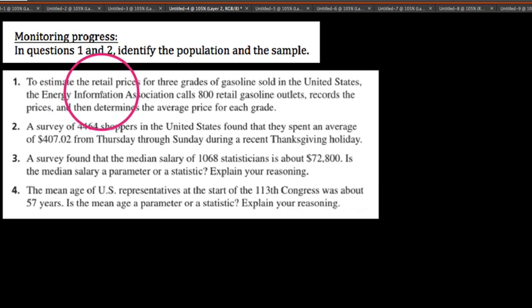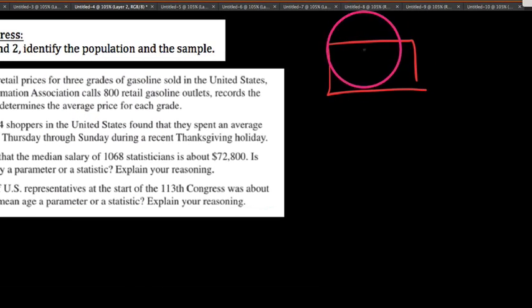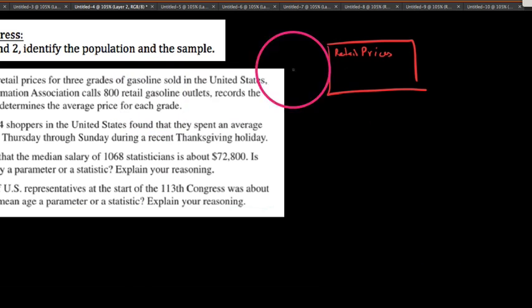But number 1, just reading through this, it says to estimate the retail prices for 3 grades of gas sold in the U.S., the Energy Information Association calls 800 retail gasoline outlets, records the prices, and then determines the average price for each grade. In terms of what's our population and what's our sample here, we're looking at retail prices, of all gas outlets.